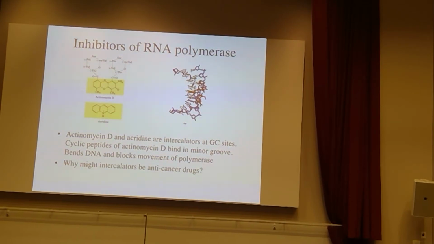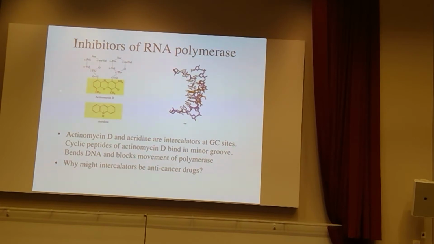The action of RNA polymerase can be inhibited. I mentioned before that the polymerase is looking for damage within the DNA, cross-linked nucleotides, for example. So the polymerase is fairly sensitive to alterations in the geometry of the substrate. Inhibition of the polymerase can also be caused by binding of small organic molecules into the DNA double helix.